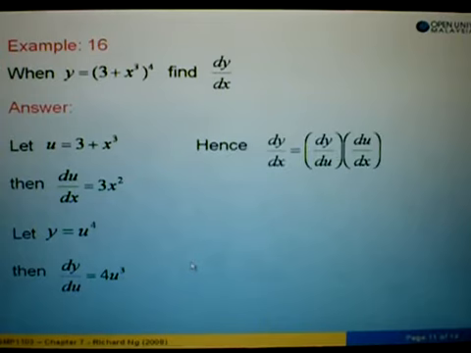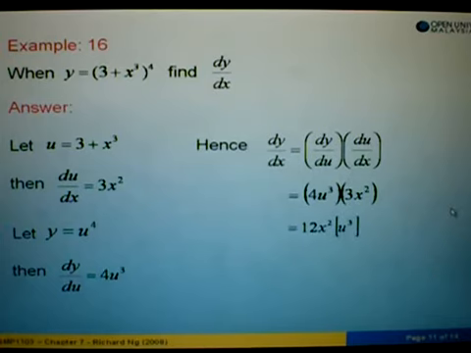Okay. Hence, to find dy/dx, we use the formula dy over du times du over dx. Now substitute dy/du with 4u to the power of 3 here, and du/dx we have found as 3x squared, so you substitute here.